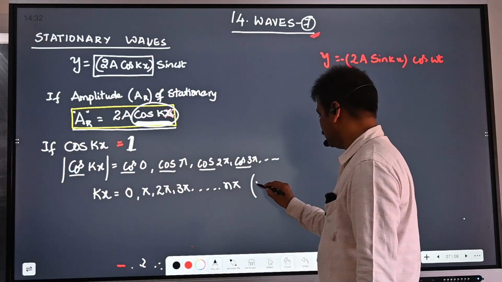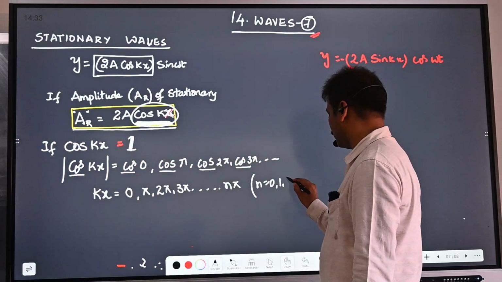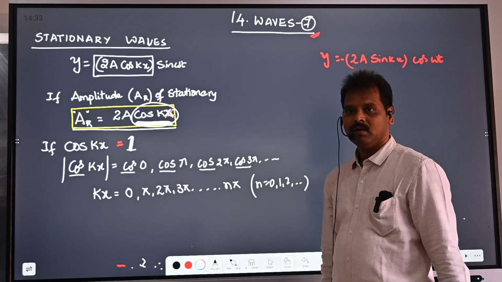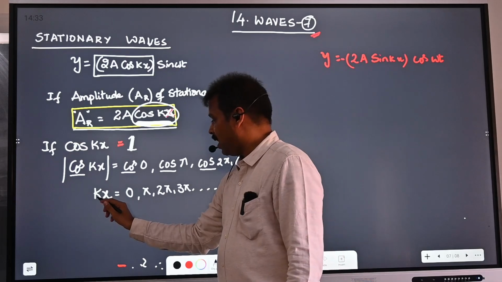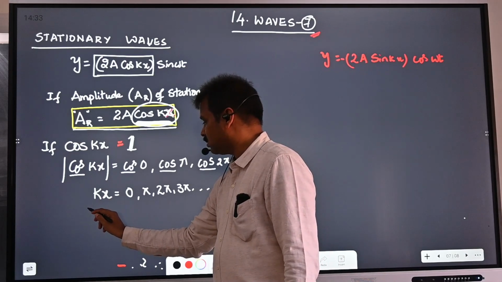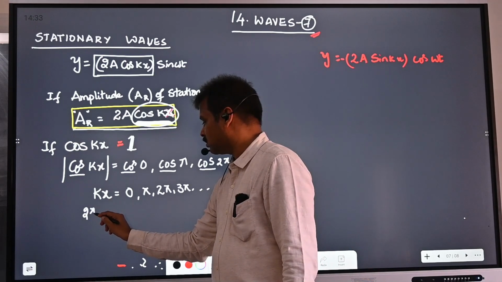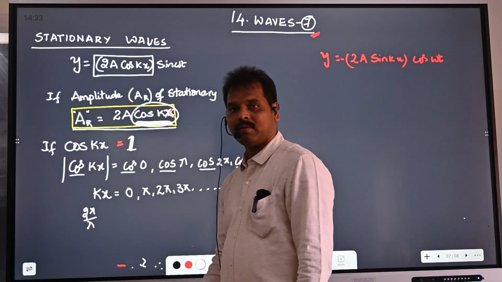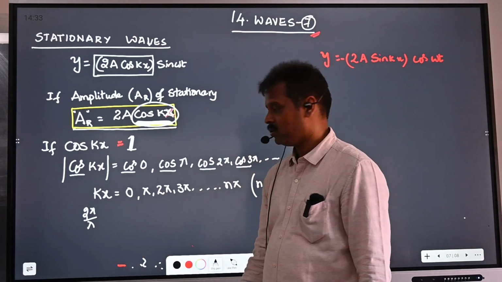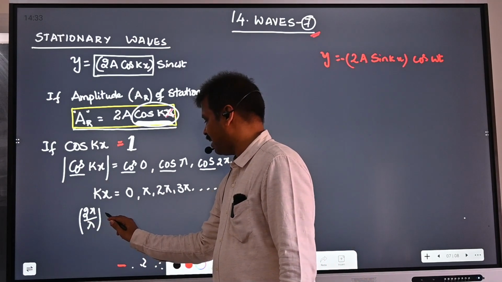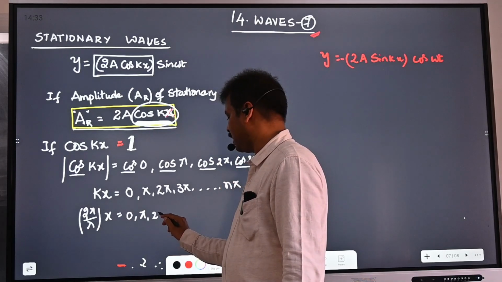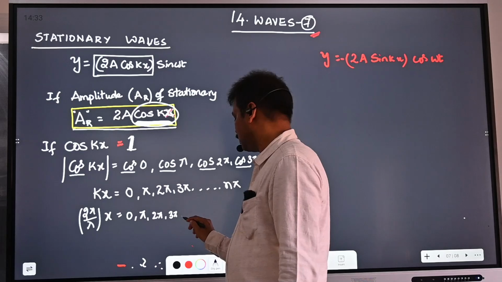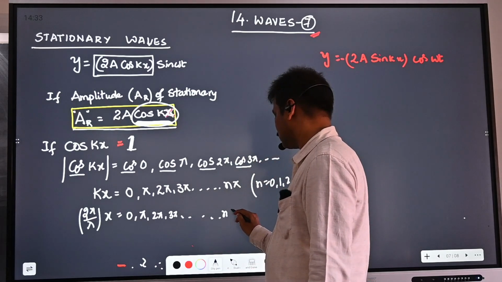This kx is an angle. What is k, students? 2 pi by lambda. So 2 pi by lambda into x is equal to 0, pi, 2 pi, 3 pi and so on.